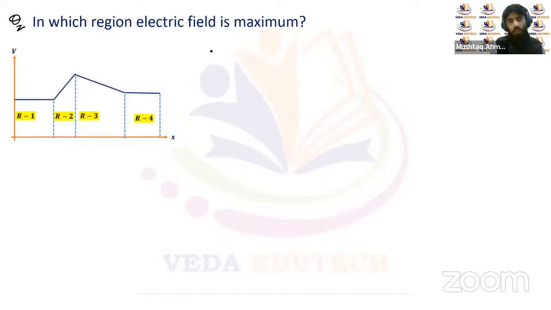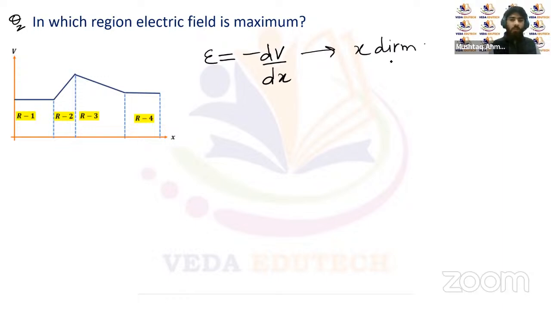We know that the electric field is minus dV over dx for a field along the x direction, so dV over dx represents the slope of the potential versus x graph.